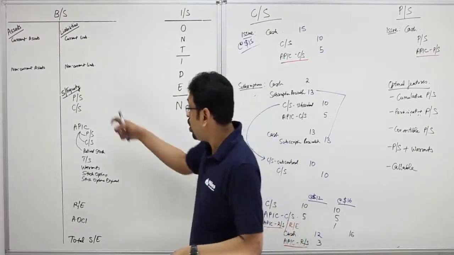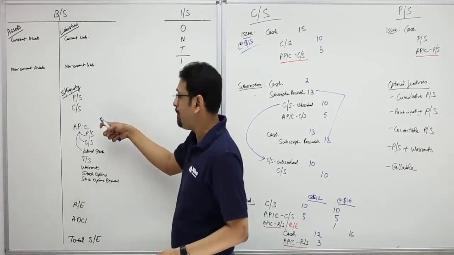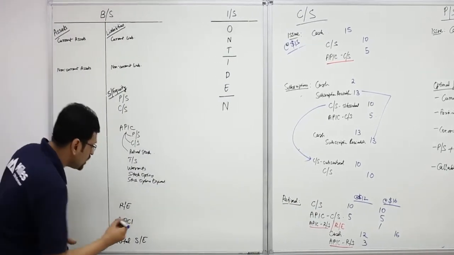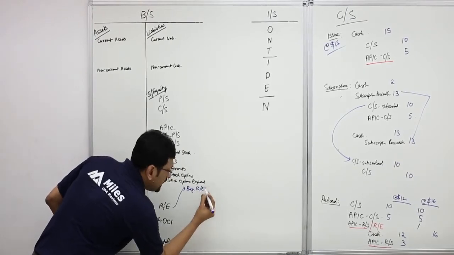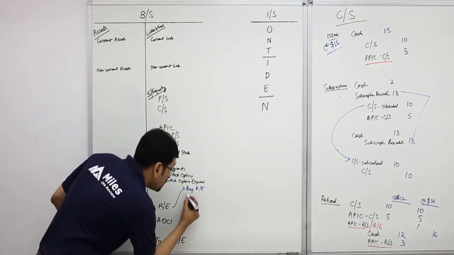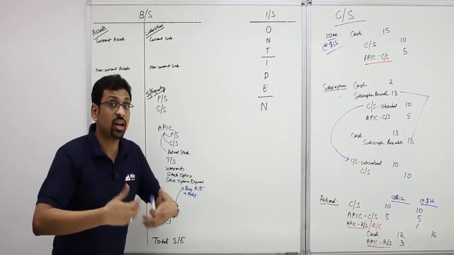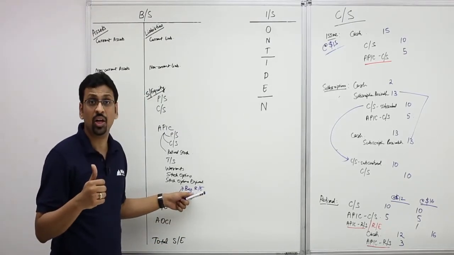So we've been looking at stockholders' equity on a balance sheet. We looked at common stock, preferred stock, APIC. Now let's talk about retained earnings. So the way this works is you've got beginning retained earnings, and you could have some adjustments to the beginning retained earnings. Now remember, if you have a change in accounting principle, retrospective adjustment, you need to adjust beginning retained earnings.